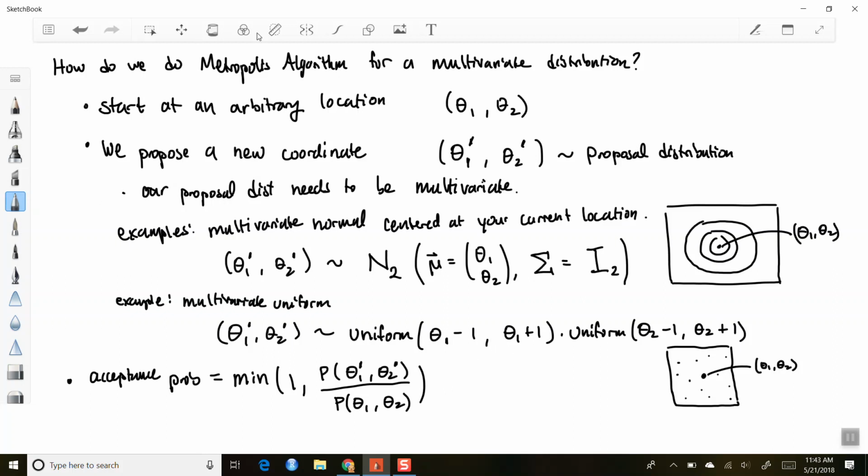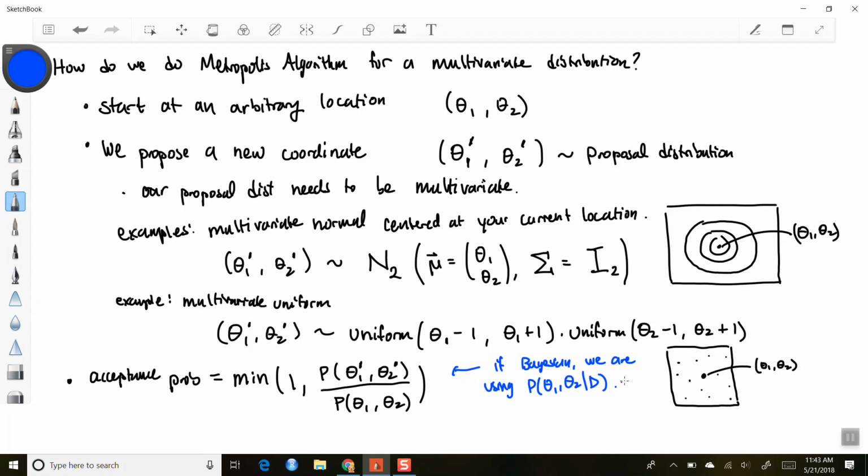And if it's Bayesian, we are basically using our posterior distribution, theta 1 comma theta 2 given the data, okay?